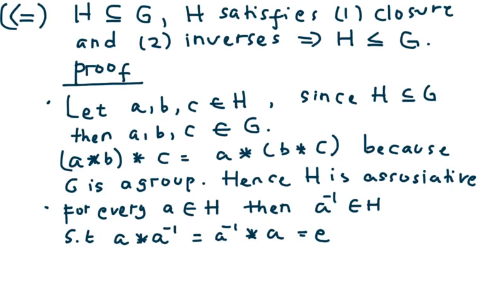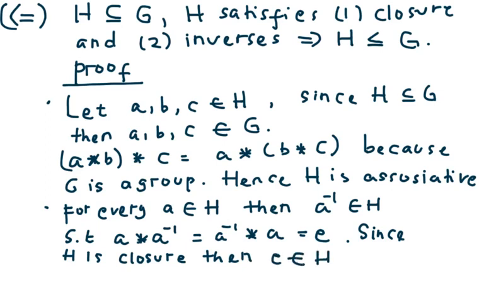So as we know that H is closed, since H is closed, then the identity is also in H. Therefore, we can conclude that H is a subgroup of G. This is the end of our proof.